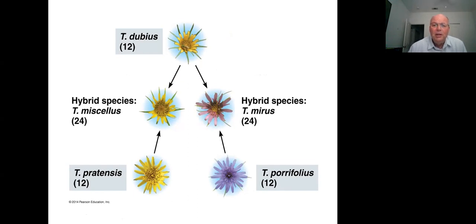In this case, the parental plants, and there are 3 of them, all have 12 chromosomes, but their hybrid offspring all have 24 chromosomes, and they are the fusion product of the top species hybridizing with one of the 2 species at the bottom. These are plants that grow in the Pacific Northwest.